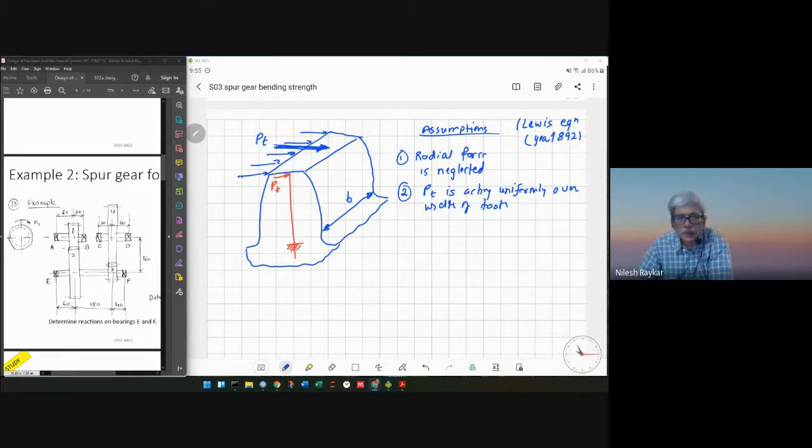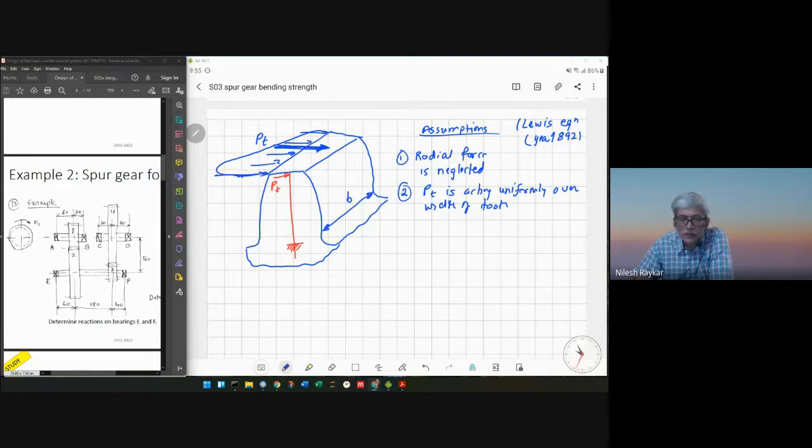So what will happen if this distribution is not uniformly acting? If there is some non-uniform distribution, like some higher pressure here and lower pressure at the other end, for example.